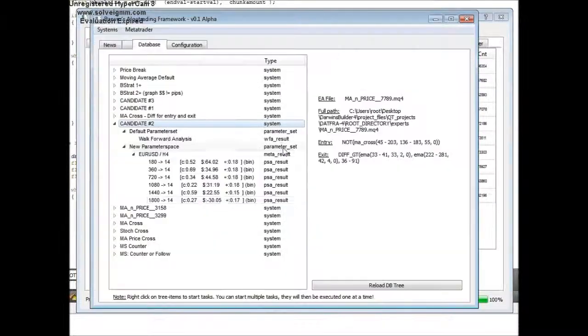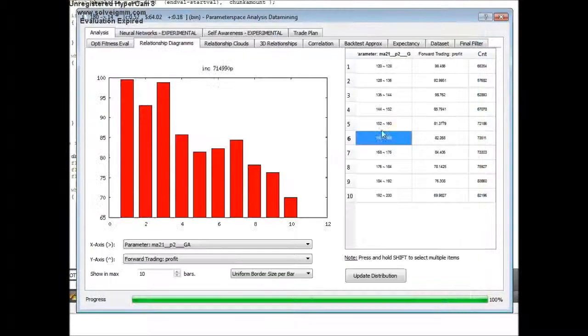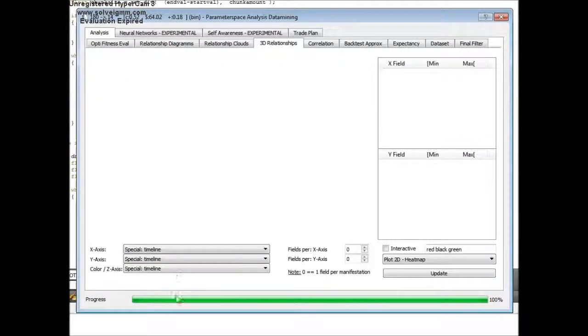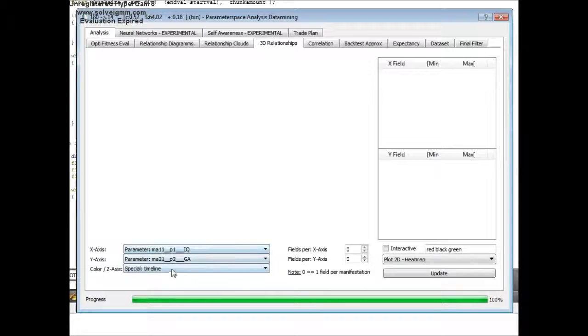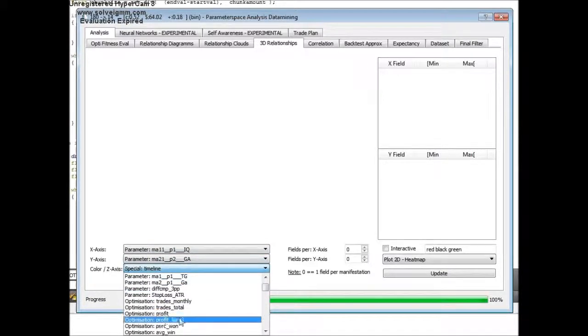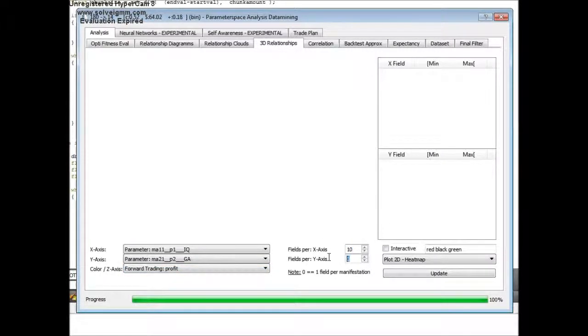But you know, these two that we have just analyzed, each on its own, well, form a cross together, so we also want to see their performance in relation to each other and in relation to forward trading profit. And of course, DATFRA can do this quite well.